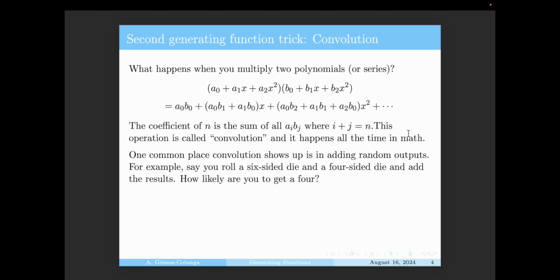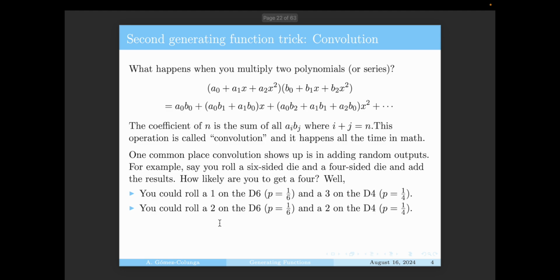One common place in which convolution shows up is in adding random outputs. For example, let's say you rolled a 6-sided die and a 4-sided die and added the results. How likely are you to get a 4? Well, let's go through all the options. You could roll a 1 on the d6 with probability 1 in 6, and a 3 on the d4 with probability 1 in 4, or you could roll a 2 on the d6 with probability 1 in 6, and a 2 on the d4 with probability 1 in 4, or you could roll a 3 on the d6 with probability 1 in 6, and a 1 on the d4 with probability 1 in 4 again.